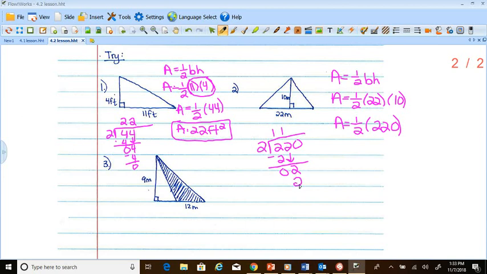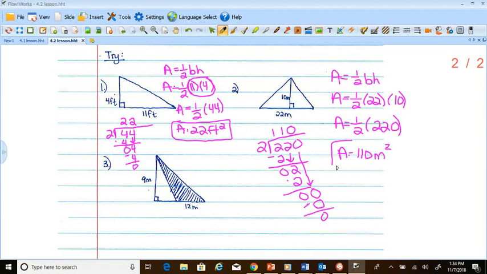Bring down your next number, 0. 2 times what will get you 0 or close to 0? It's just a 0. 2 times 0 is 0. Okay, 0. There's nothing left to bring down, which means we're done. So our area is 110. The measurement is in meters, and because it's area, it's going to be squared.